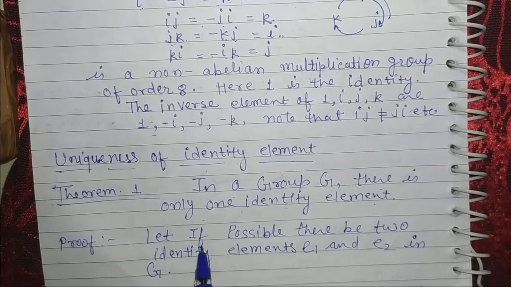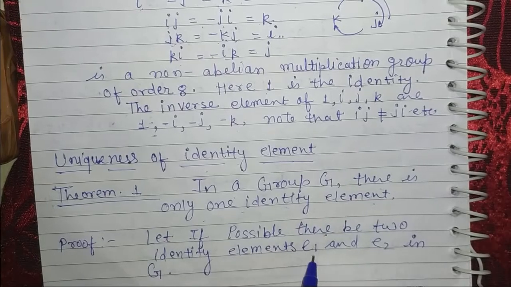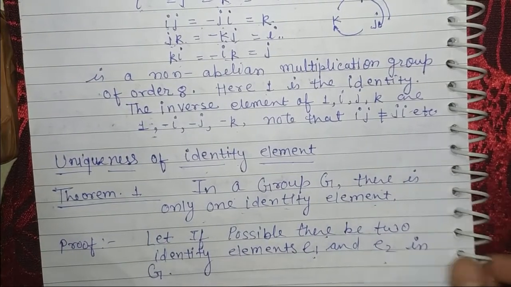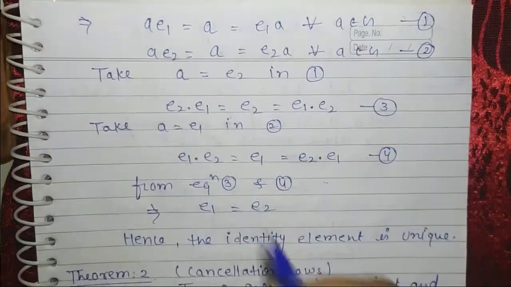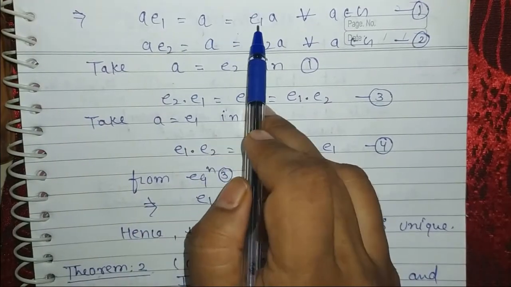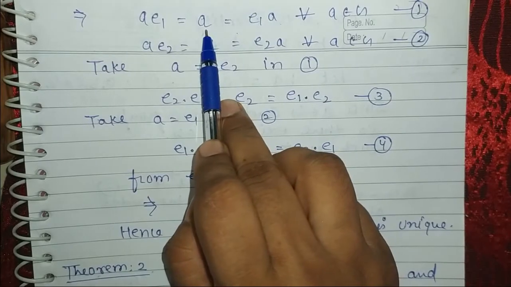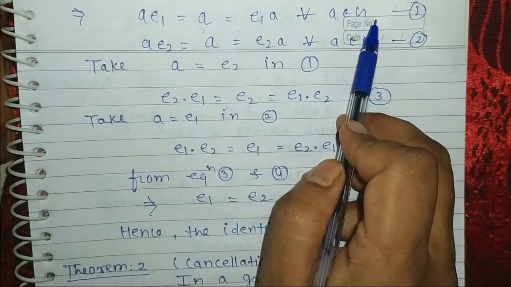So let, if possible, we take two identity elements, one is E1 and the second one is E2. If E1 and E2 are identity elements and A is our element, then A times E1 gives A, or E1 times A is also equal to A, for all elements A belonging to the set G.